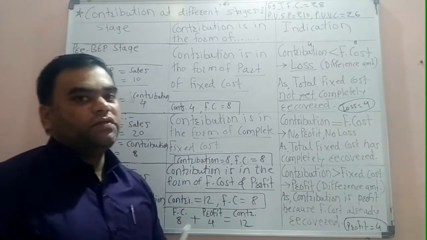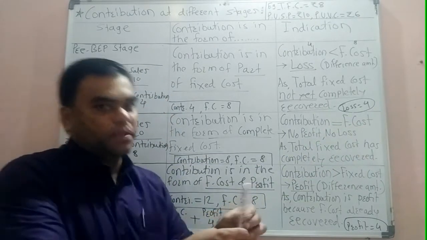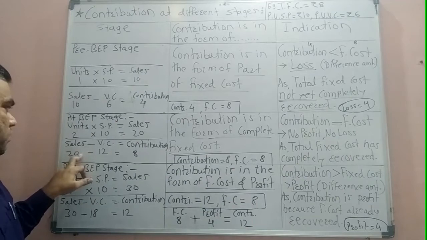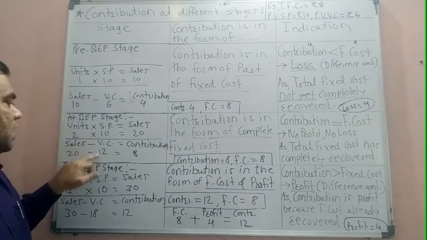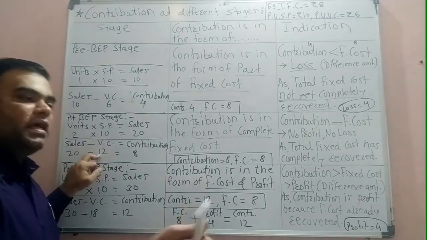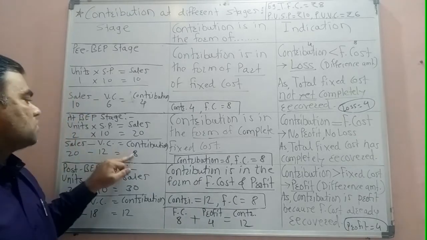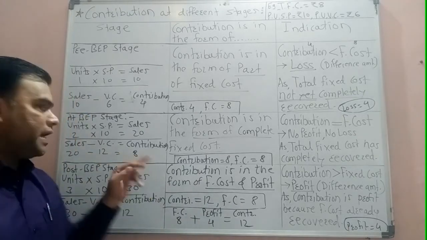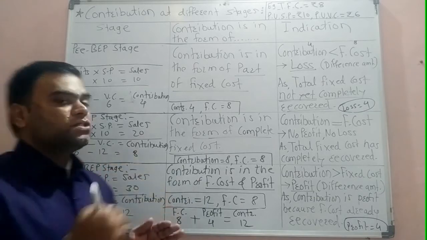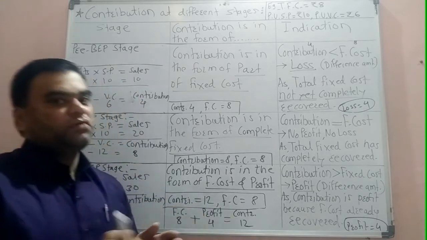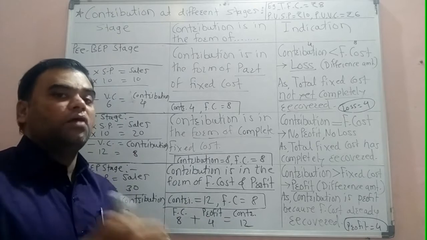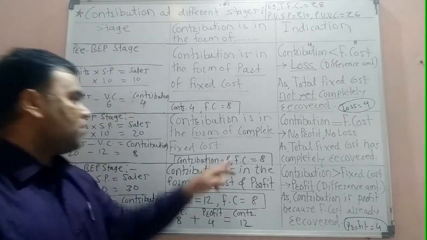It means when we sell units, the variable cost is recovered immediately. When we sold 2 units for ₹20, the variable cost of 2 units, ₹12, immediately got recovered. Fixed cost remained to recover. So the remaining ₹8 contribution was utilized to recover our fixed cost. Variable cost is completely recovered, and now fixed cost is also recovered completely.